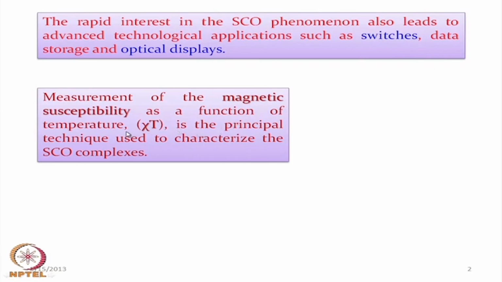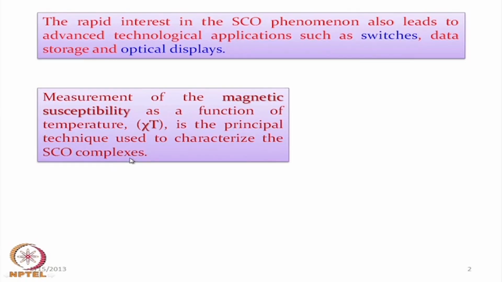These magnetic susceptibility values can be measured nicely, and we will find this in detail when we study the magnetic properties of all the transition metal complexes or coordination compounds. But right now we can see that this magnetic moment, where we determine the product of the susceptibility and the temperature, is utilized as the principal technique to characterize the SCO complexes.